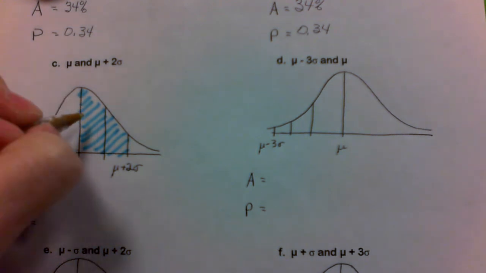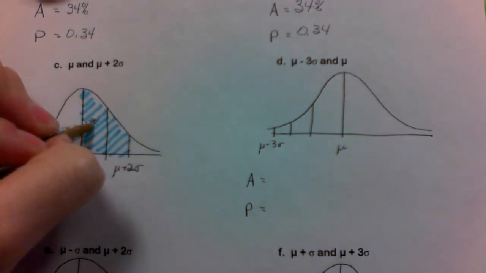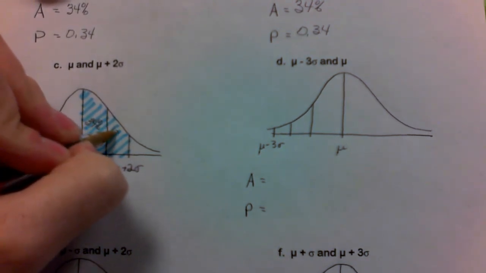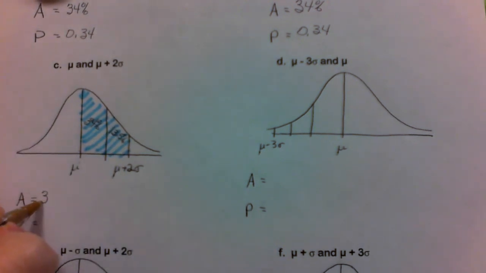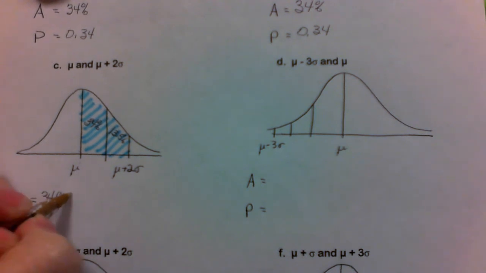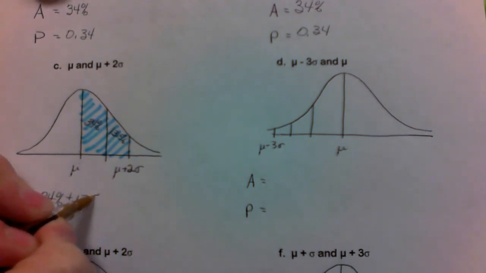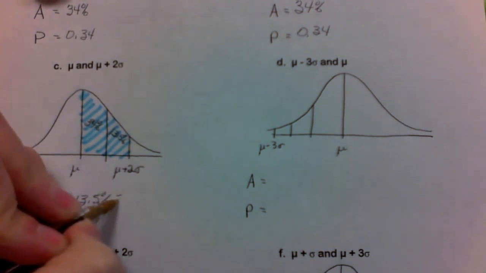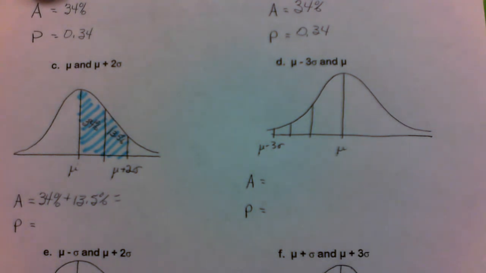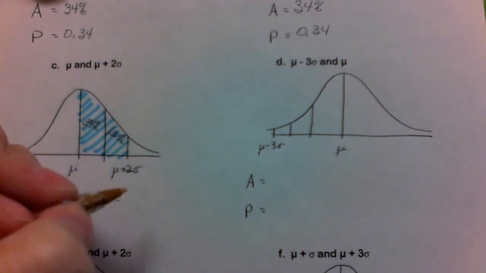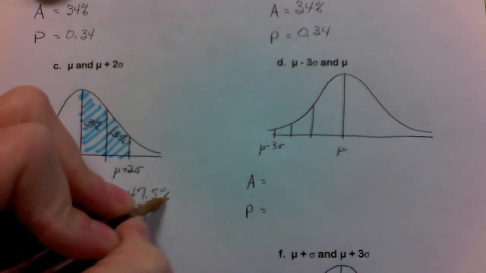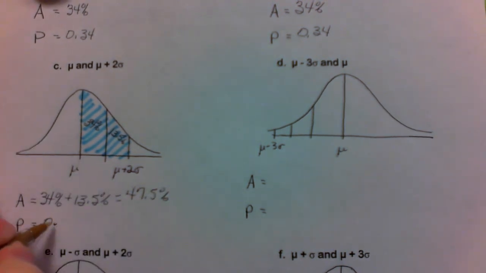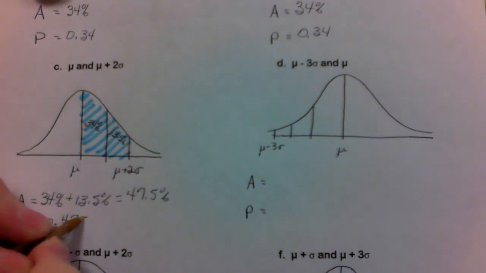When I look at my table, it tells me that this is 34% and this is 13.5%. So to find that area, we would add those, 34% plus 13.5%. The total area that we have shaded is 47.5%, or as a probability, that would be written as 0.475.